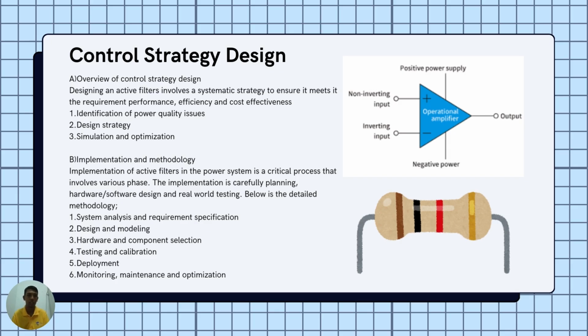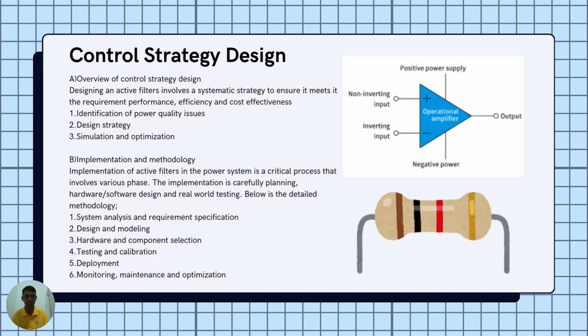First, identification of power quality issues. We identify the power quality of each component in the simulation to make sure our components did not fry. Second, design strategy. We design our circuit simulation in LTspice.